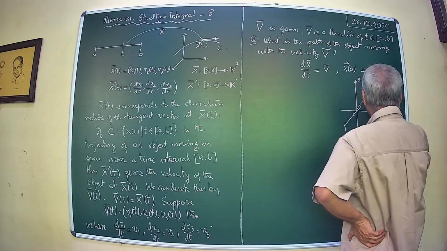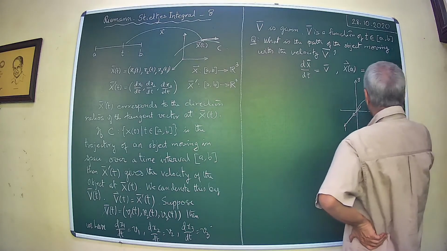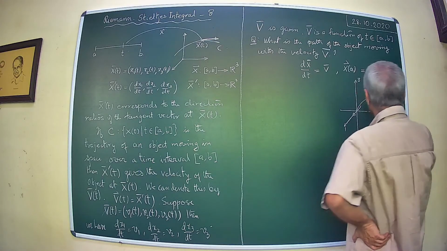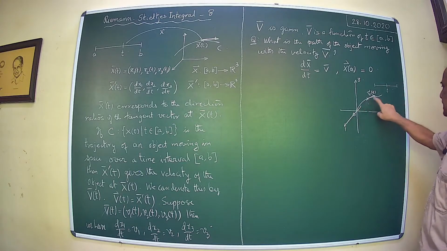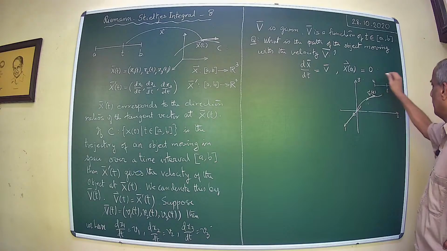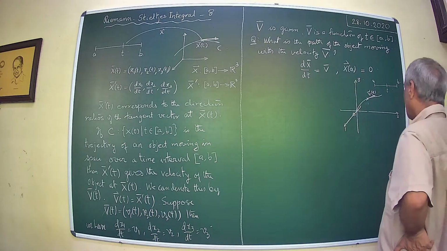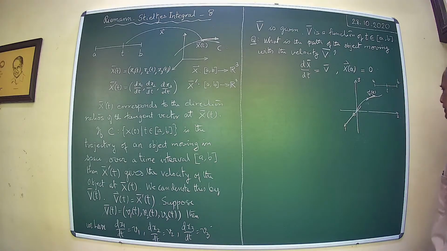So what you know is at that point the velocity is v(t). So the v(t) changes as you move from A to B. Okay. What is given is v(t). You are asking the question, what is the path traced by this?